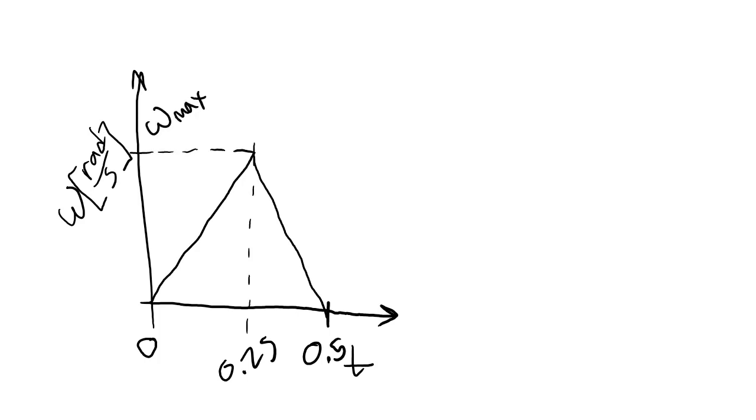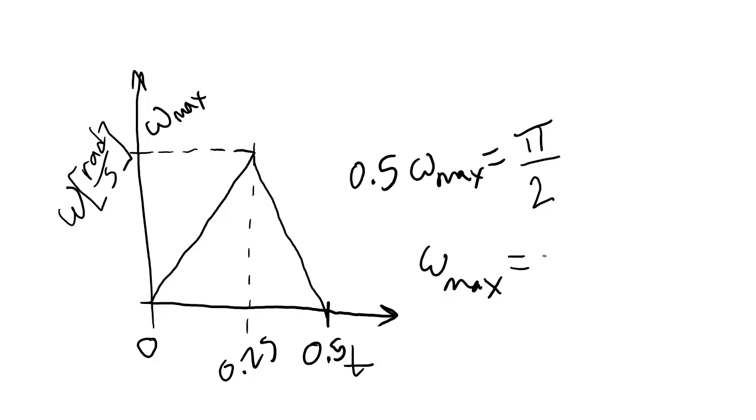From this plot, we can figure out the amount of acceleration given the amount of distance that I need to move. The distance is the area underneath this curve. I can calculate the area under this curve as the base times the height. Since we said this motion had to be 90 degrees, this has to be equal to pi over 2.